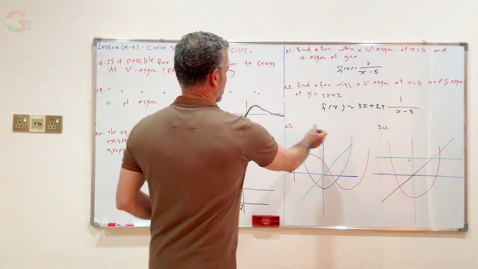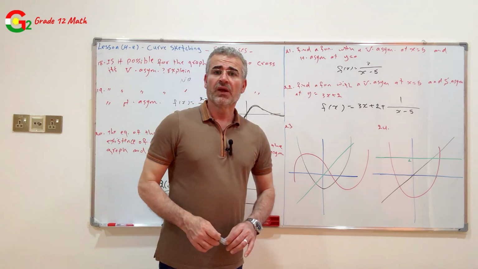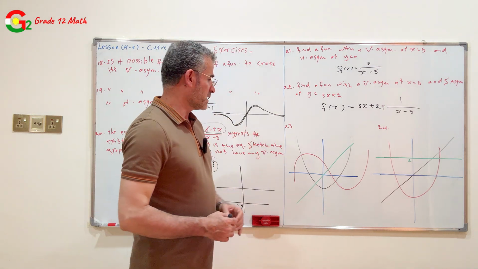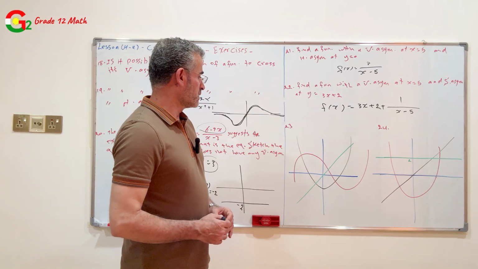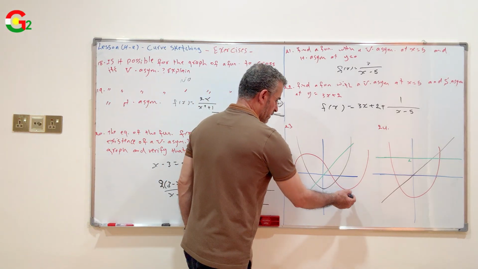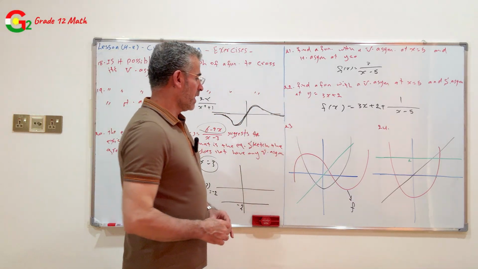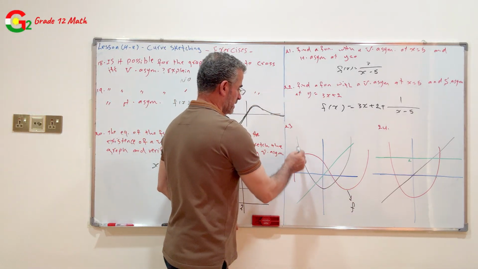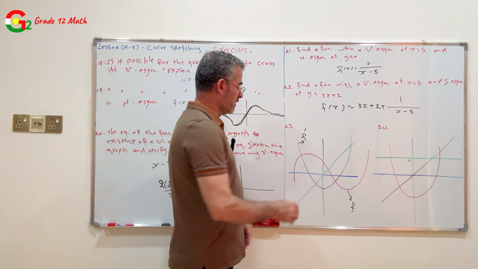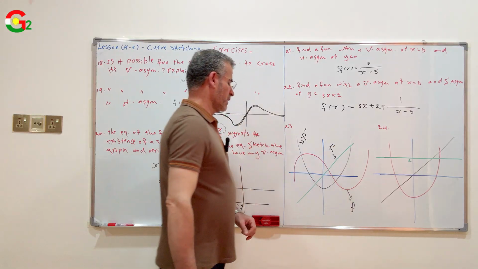Question number 23 and 24, identify the graph of the function f with its first derivative and second derivative. As you see, the graph in red is the function, the graph in black is for the first derivative, and the graph in green is for the second derivative.